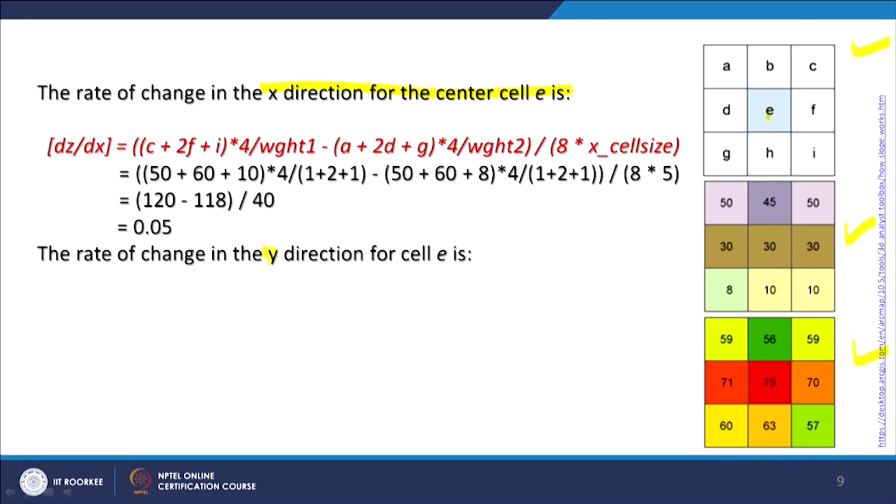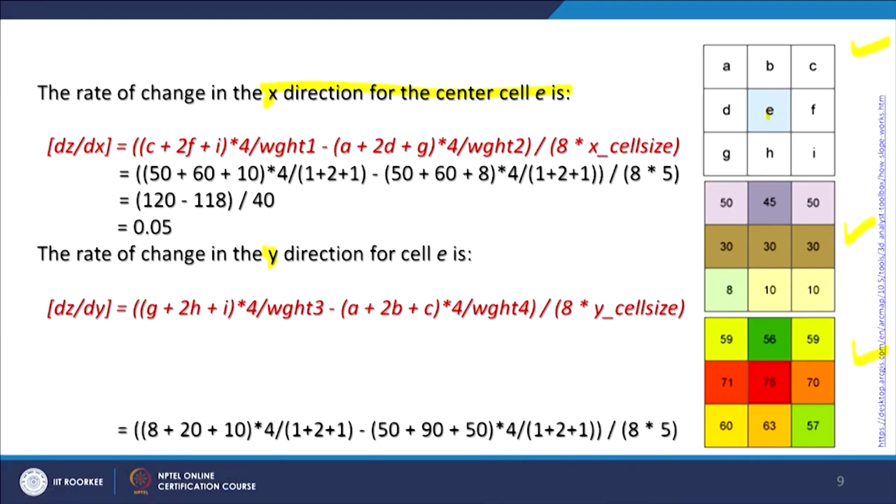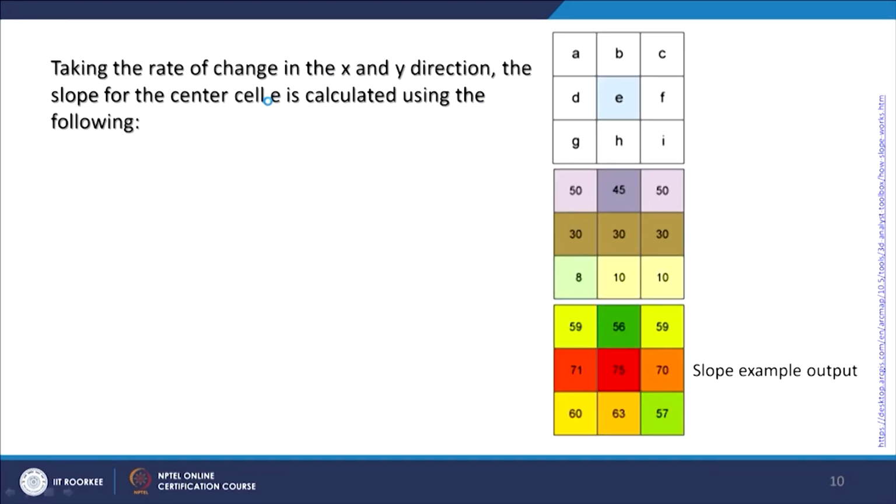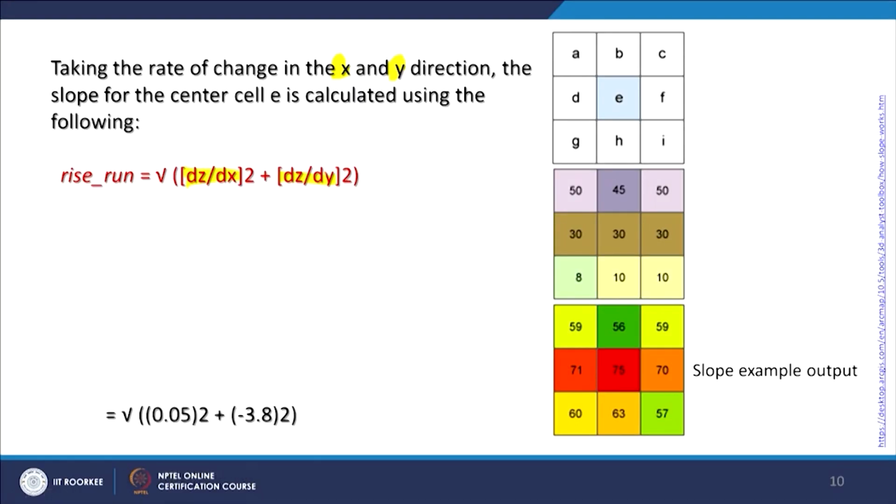Now, that was for the x direction; for the y direction similar calculations will be done, and if I substitute these values, I get minus 3.8. So, taking x and y directions together, the slope of the center cell is calculated using the following formula: x direction, y direction, same concept, rise over run.